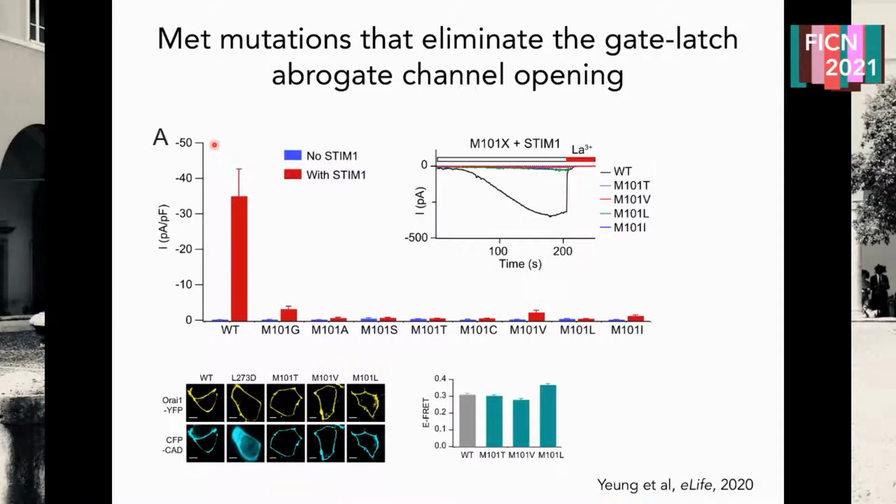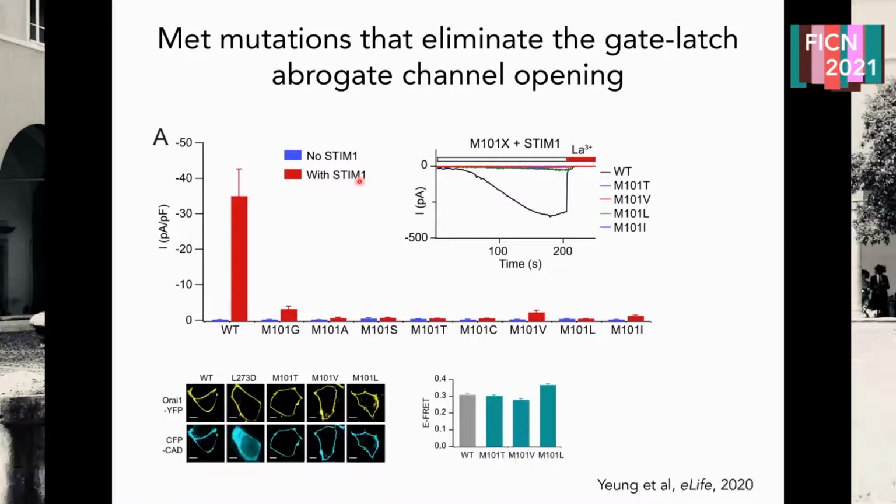So as a test of whether this methionine is important for gating, what would happen if you destabilized this particular position? Consistent with the idea that it's very important for opening of the gate, all mutations that Priscilla tested, including hydrophobic amino acids like leucine and isoleucine, were unable to sustain the opening of the channel in response to STIM1.